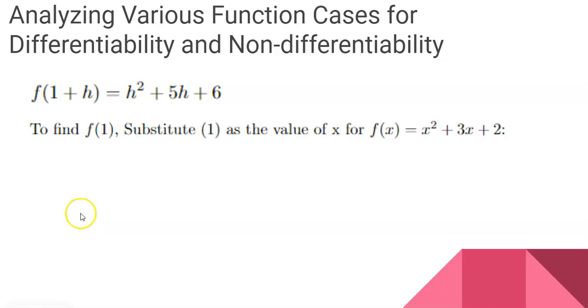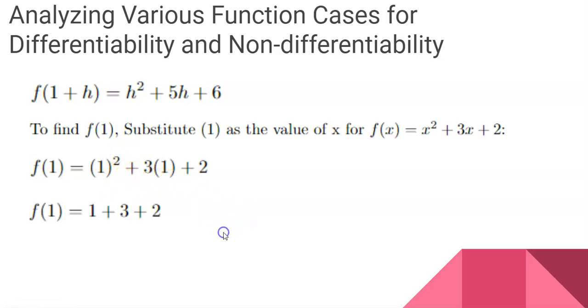Now, to find f of 1, substitute 1 as the value of x for f of x is equal to x squared plus 3x plus 2. So we have 1 squared plus 3 times 1 plus 2. Then evaluating further using PEMDAS, we have 1 plus 3 plus 2, which is equal to 6.